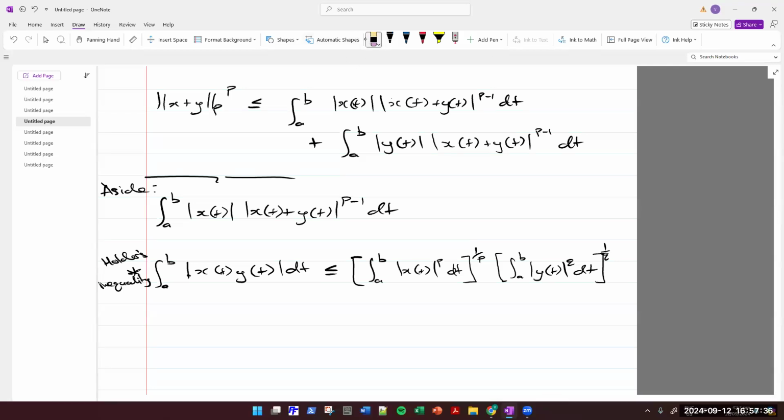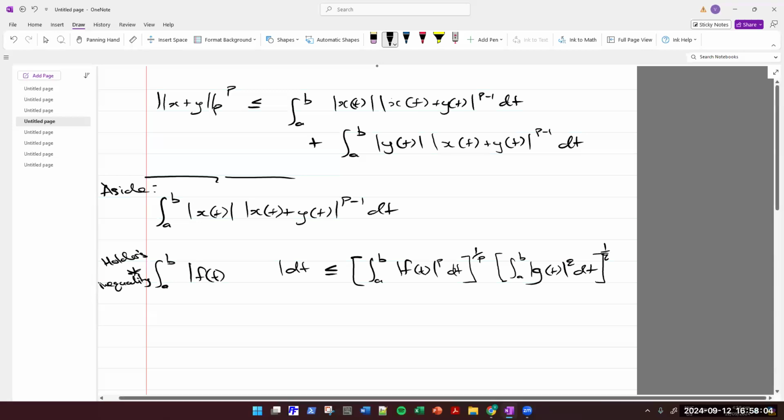I don't want you to think that the x and the y are the same as the x and the y in what I have above. So instead of x and y, let me just replace those letters by, let's say, f and g. f and g. Okay, so it's the same Holder's inequality. The integral of |f(t) g(t)|, yeah, so that's what we proved there.